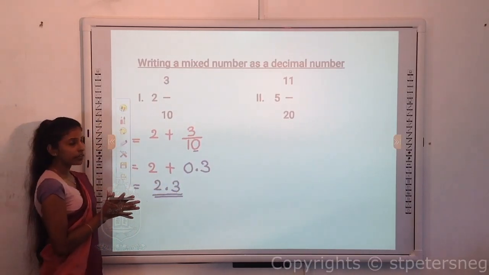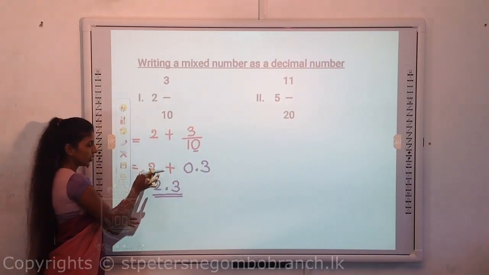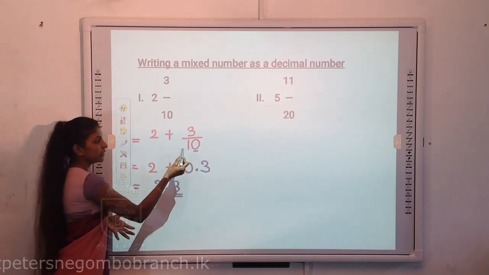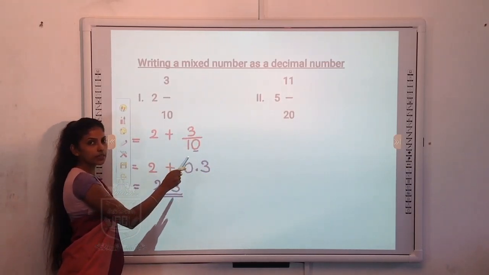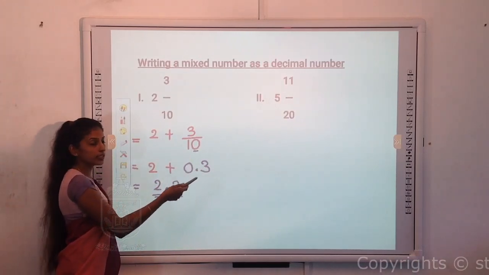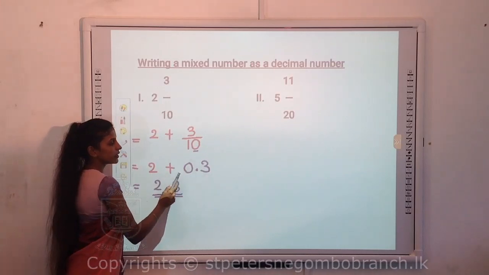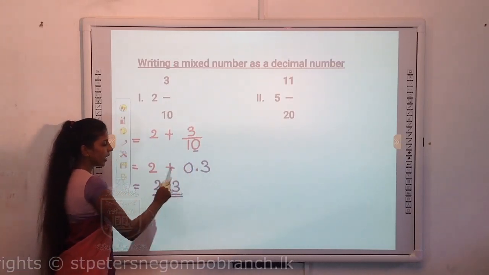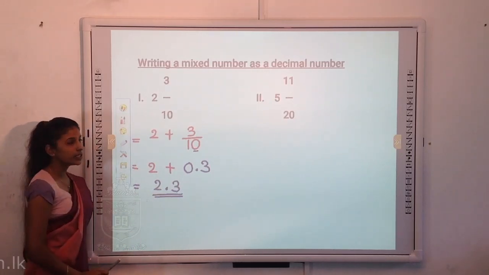So what we did? We separated the whole number and the fraction. Keep the whole number separately and convert this fraction. Now this fraction is already having a power of 10, so we don't want to make an equivalent at this stage. Since it is already having a power of 10, it is easy for us to write it as a decimal number and then finally add the two numbers and write it as a decimal number.